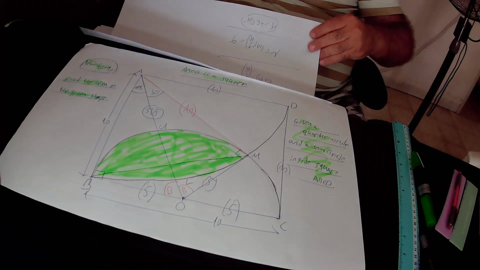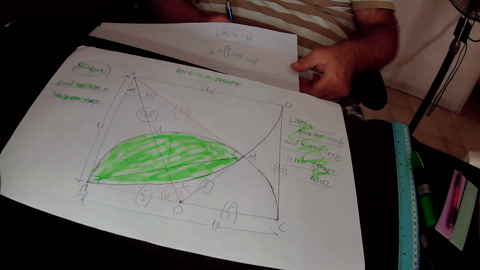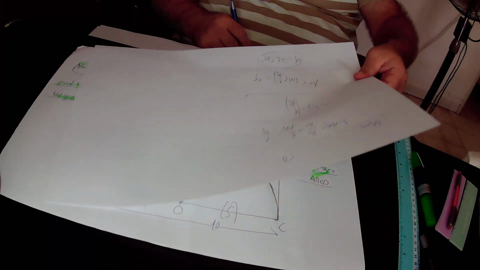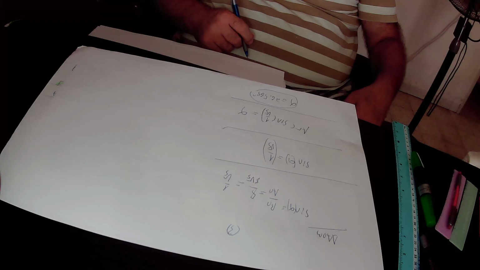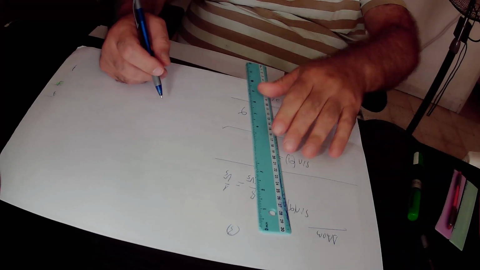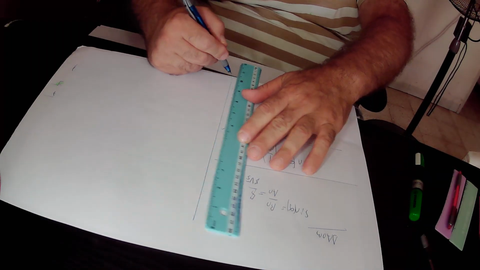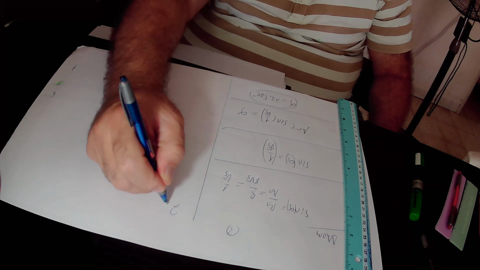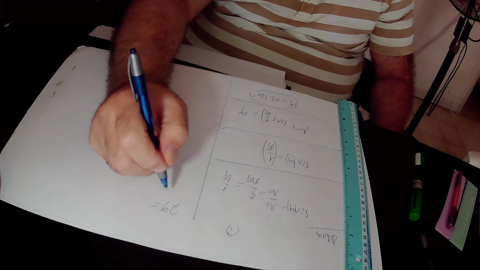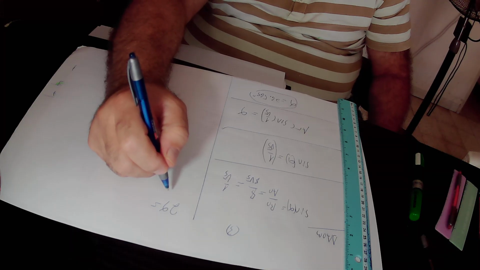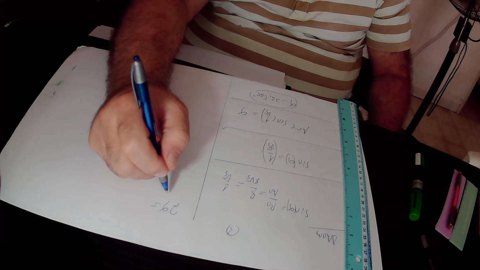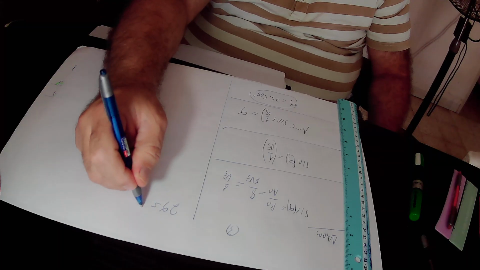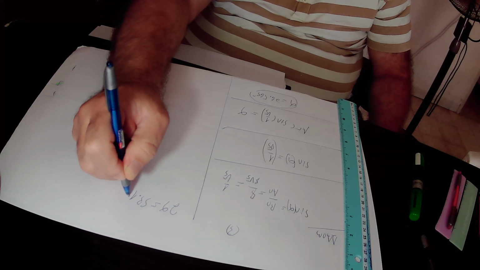So angle alpha is equal to 26.565 degrees. So if alpha equals 26.565 degrees, it means that 2 alpha will be equal to 2 times 26.565, that's actually 53.13 degrees.